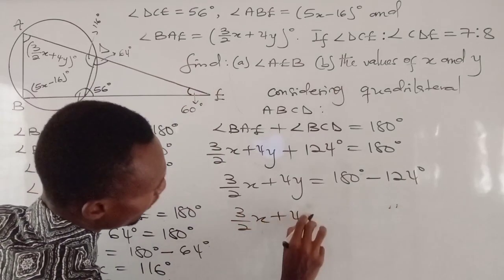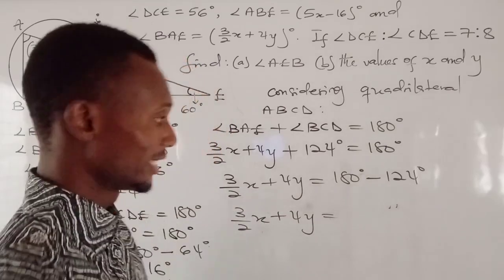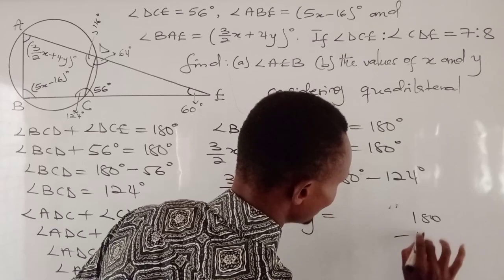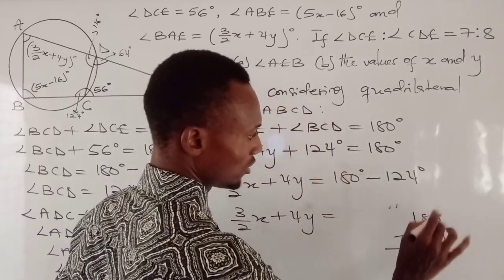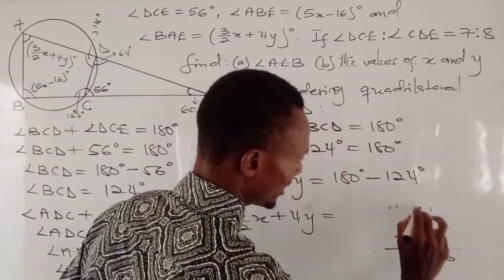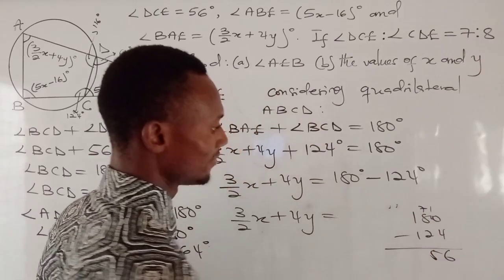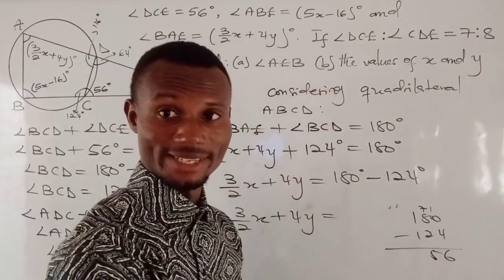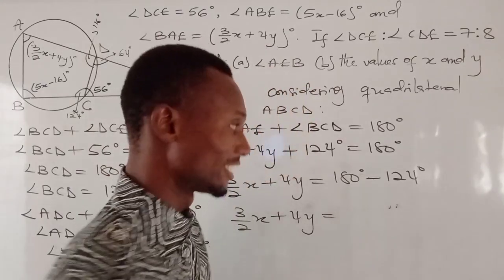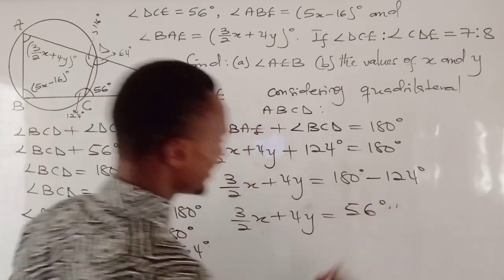Let's do it and see what we get: 180 minus 124. You borrow 1 from here, add it to here, here becomes 10, 10 minus 4 is 6, here is 11, 11 minus 2 is 7 wait, 7 minus 2 is 5, 1 minus 1 is 0. So we are going to get 56 degrees. I hope you agree with me.